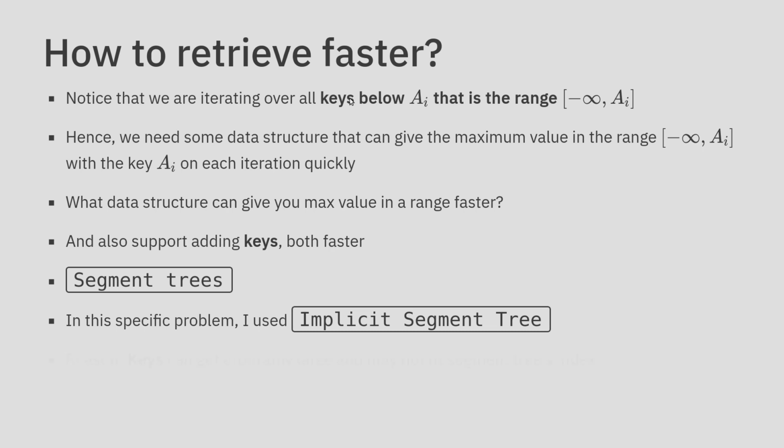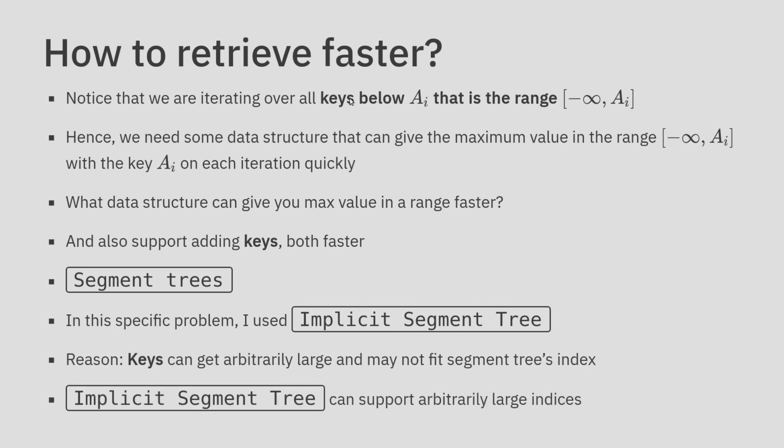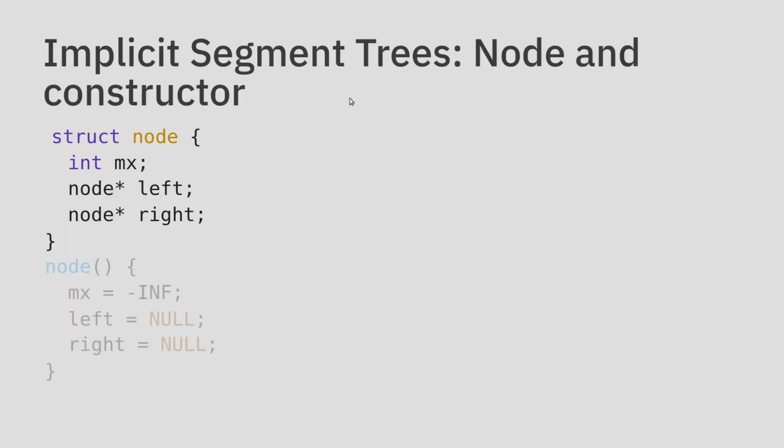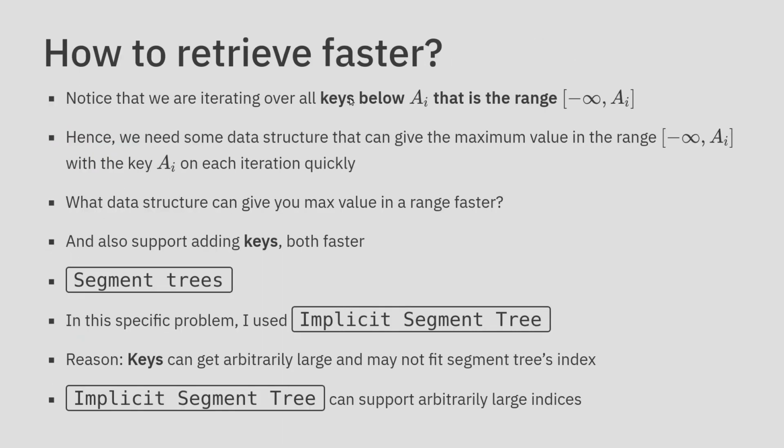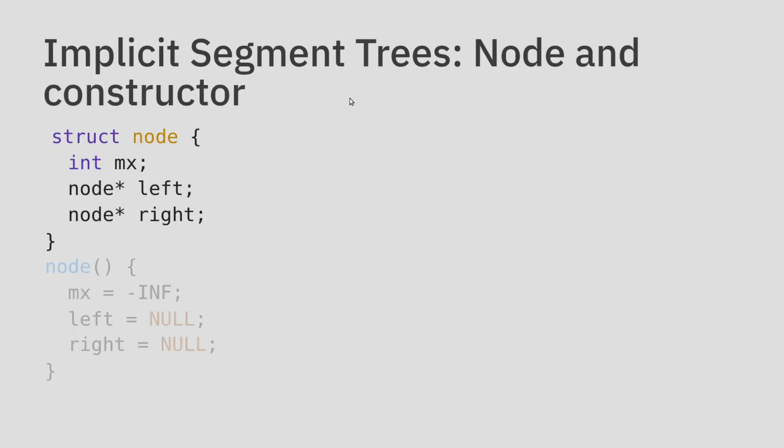That's why I'm using implicit segment trees, and the only difference is that it can support arbitrarily large indices by having dynamic nodes. So in the next slide I want to explain a little bit about implicit segment trees.